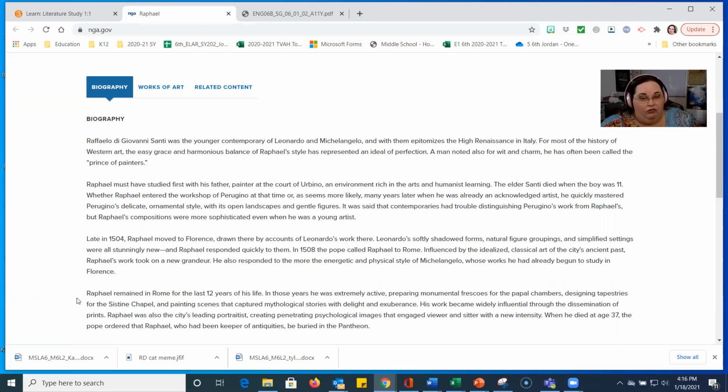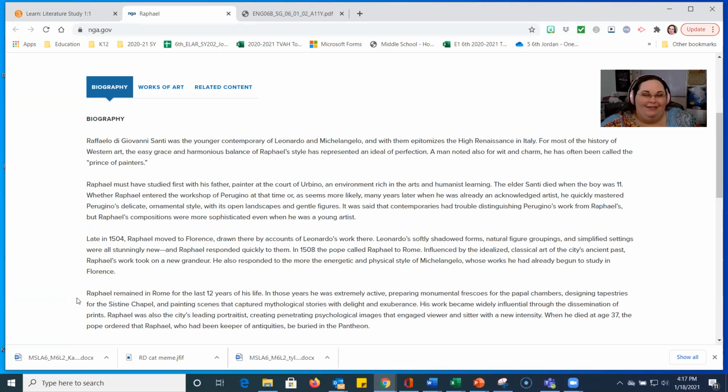In those years, he was extremely active, preparing monumental frescoes for the papal chambers, designing tapestries for the Sistine Chapel, and painting scenes that captured mythological stories with delight and exuberance. His work became wildly influential through the dissemination of print.